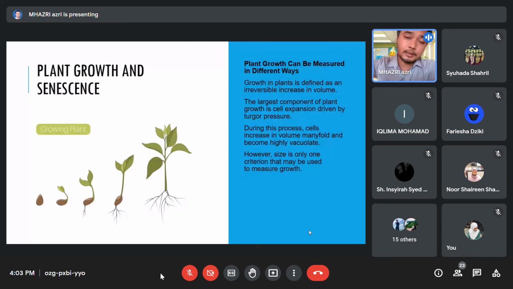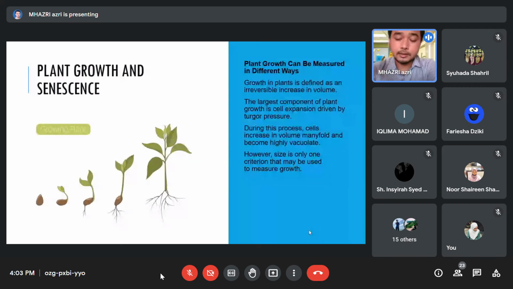Tapi bila tengah hari tu, when the transpiration rate is high, the turgor pressure in the plant reduces, kita nampak dia sedikit mengecut. So if we measure its size in certain conditions, it will not be really accurate.